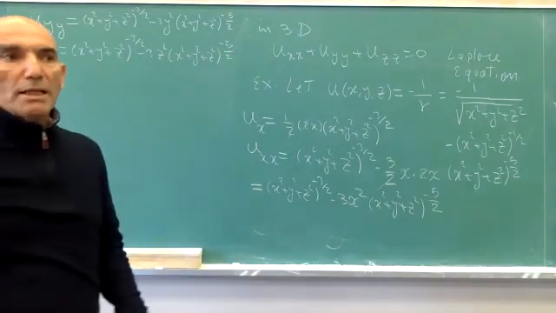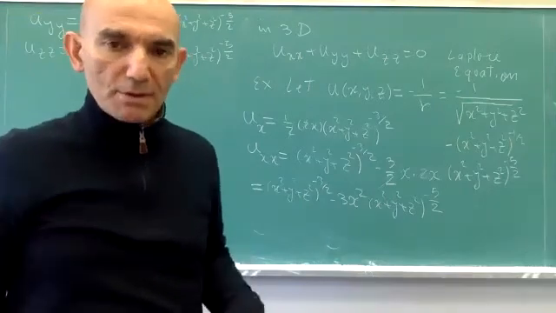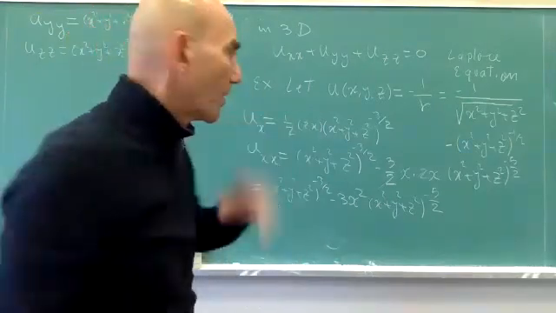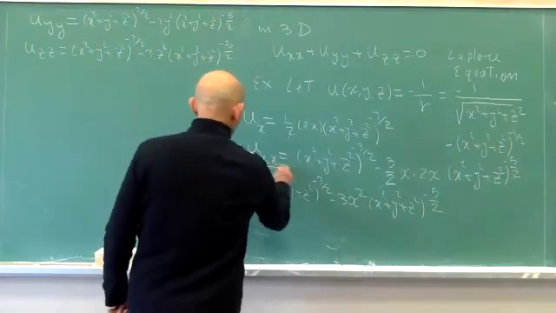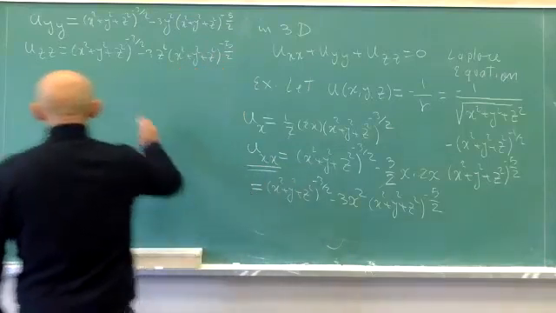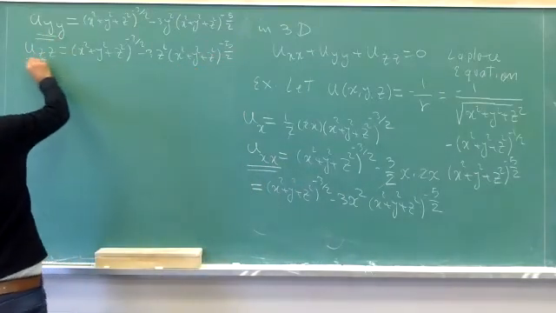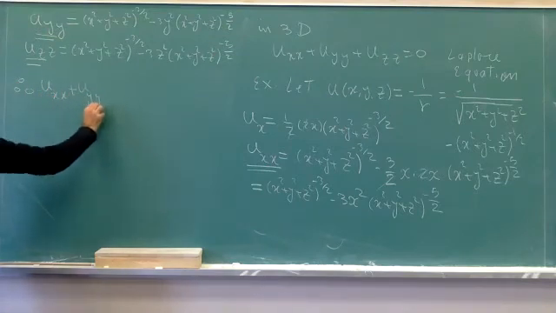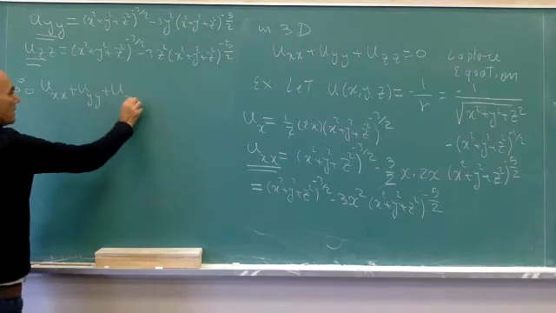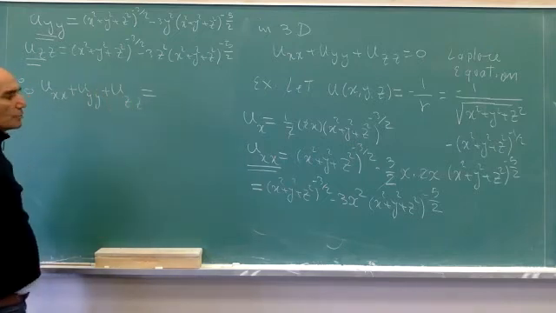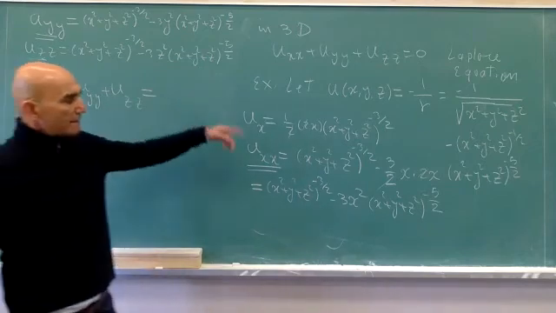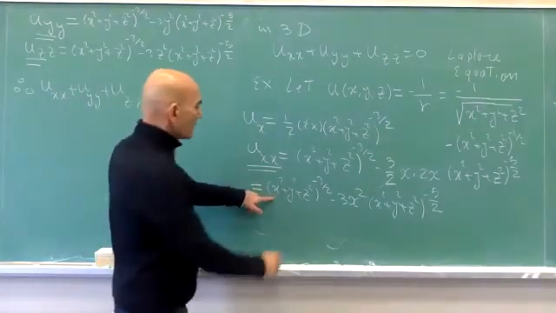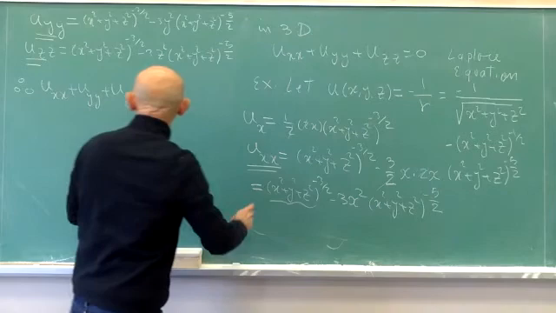Now, let us add these three. Now you can see where I'm heading, right? So let's add uxx, uyy, uzz. If you add these things, this factor is common between them.